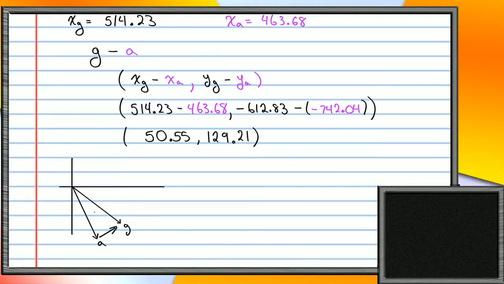So now we need the magnitude and we need the direction. So we've got this coordinate point of our wind. This is our wind here. If I draw a new one, and I'm actually going to make this a little bit nicer for you.